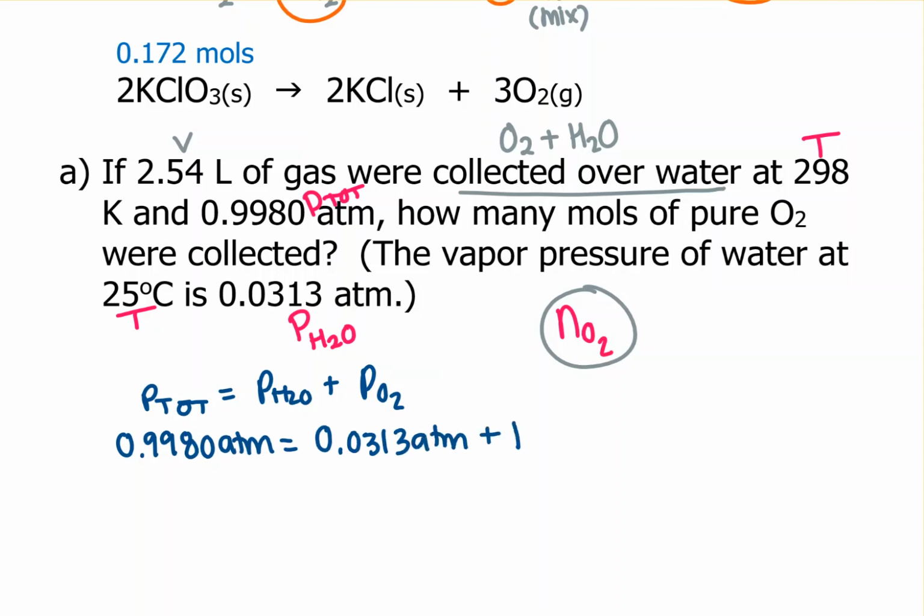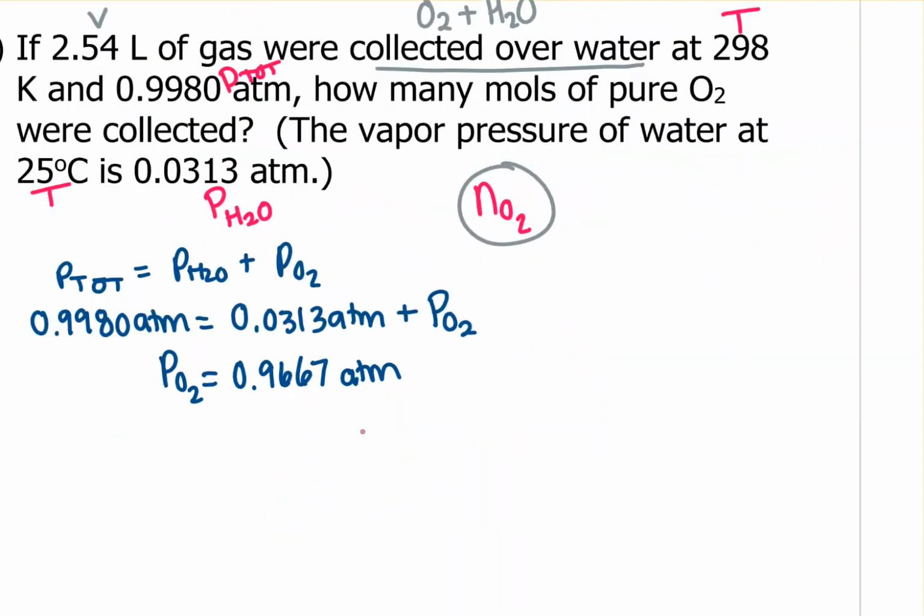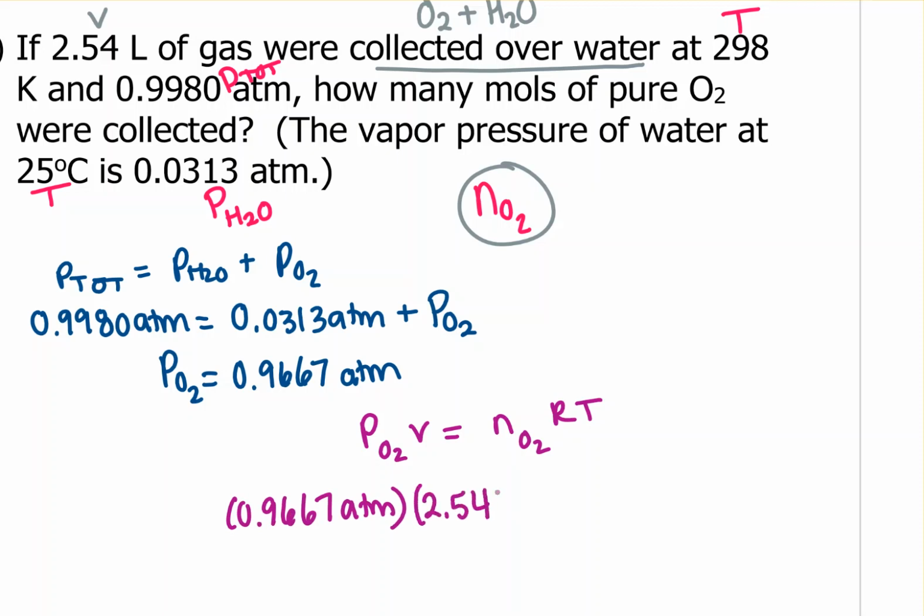Notice that both the pressures have to be in the same units in order for you to subtract. The volume is the same for both gases in the mixture.